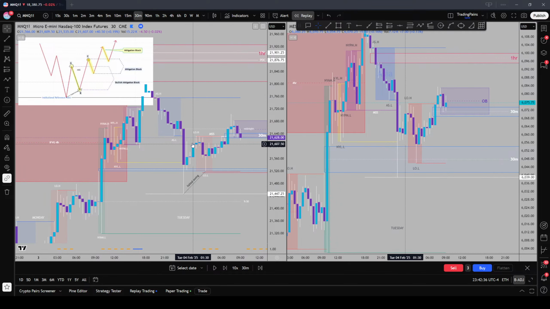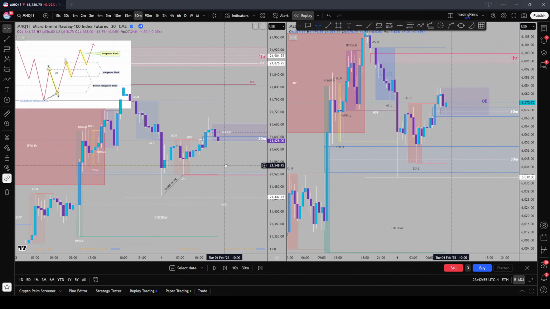So fell swing, market structure shift. This is just a continuous up. And so this one, mitigation block. So this part is a mitigation block.